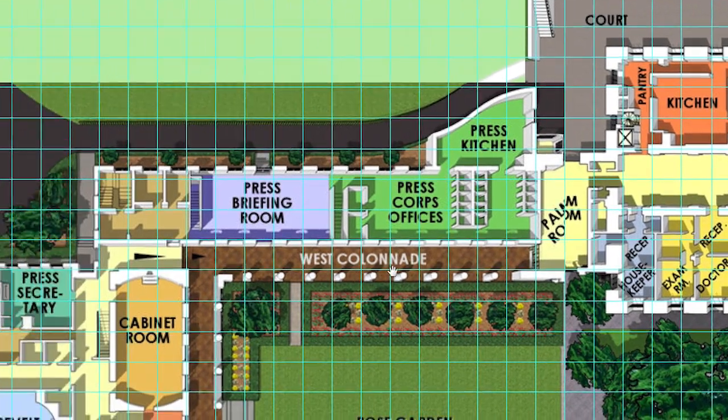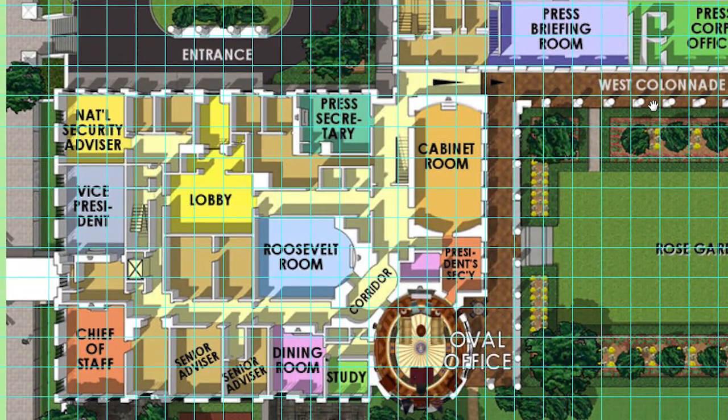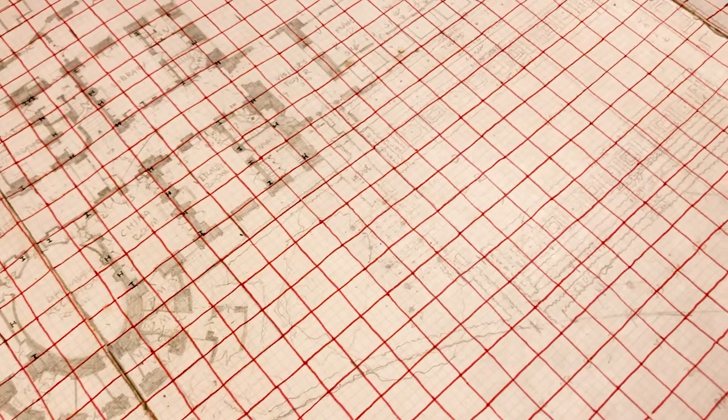And this way we get the size of everything all together in the same scale. So now I have the entire White House complex in one convenient place. It's all put together, all with the same 10-foot grid pattern across the whole thing.